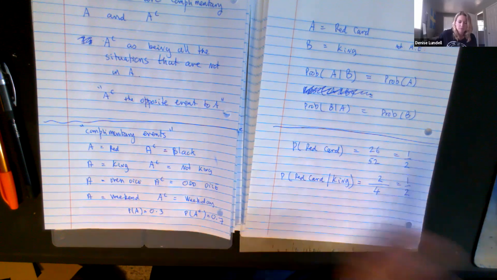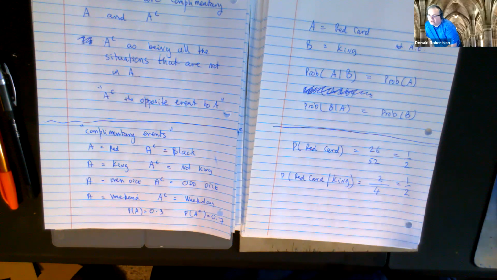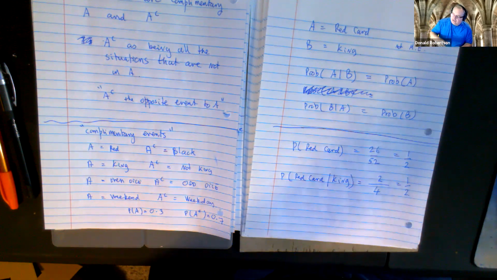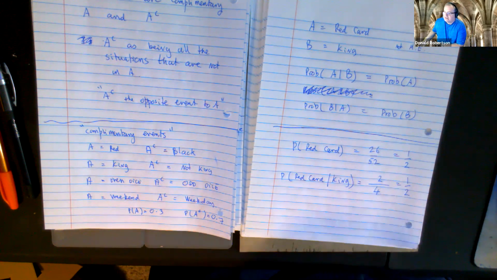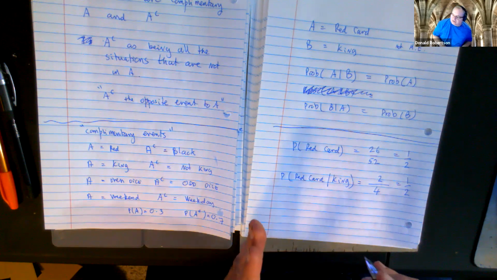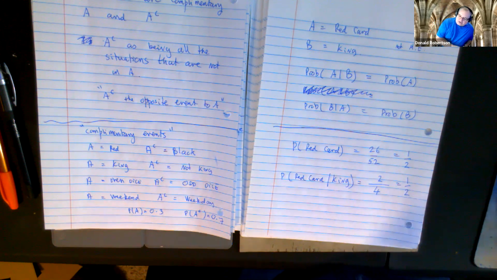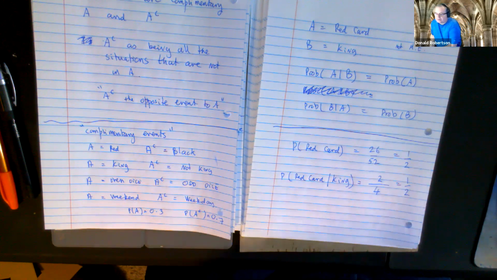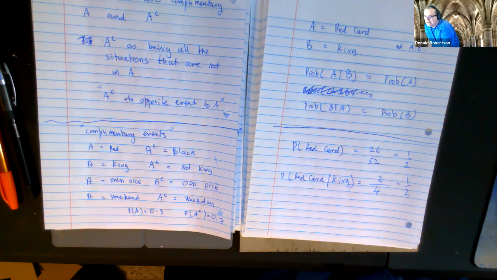But red cards and getting a king are considered independent events because one happening does not directly affect the other. If I tell you it's a king, it doesn't change my chances of getting a red card. If I tell you it's a red card, it doesn't change my chances that I'm going to get a king. So if you don't affect me, you're independent events.